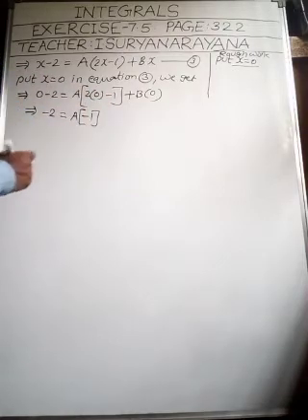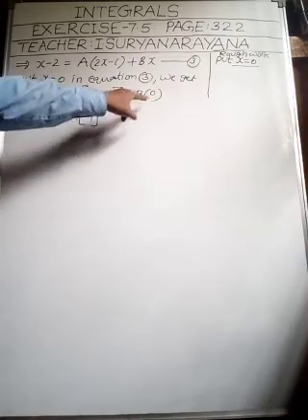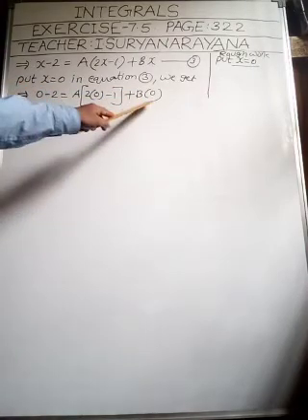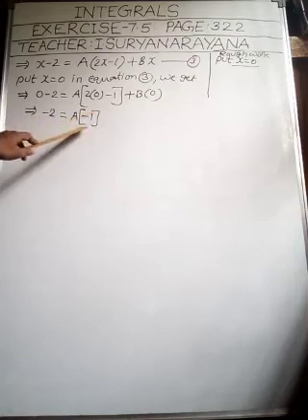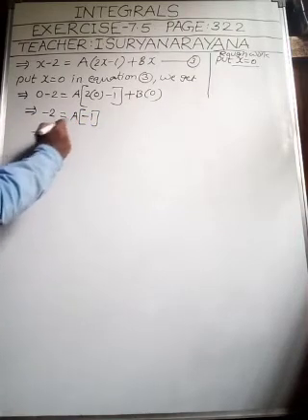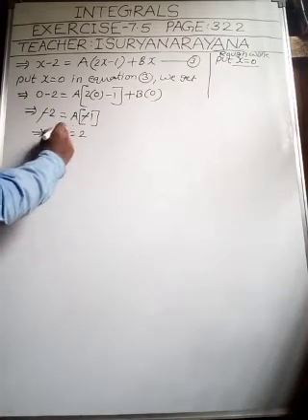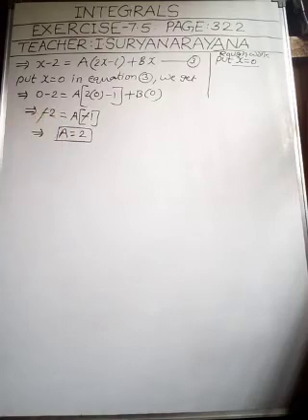Minus 1. Plus the second term b into 0 is 0, so I am not writing the second term. I wrote only the first term. Let us simplify this one. Here minus minus gets cancelled. Therefore, a is equal to 2. So the value of a is equal to 2. Understood this step, my children?